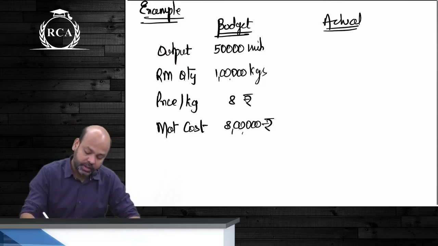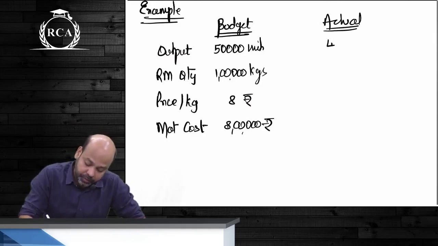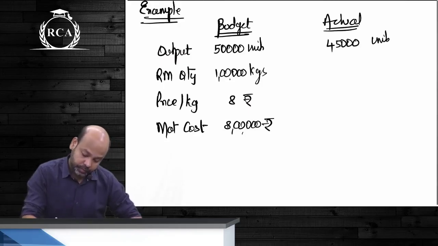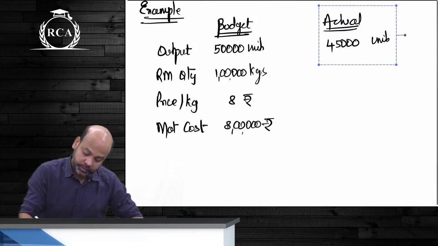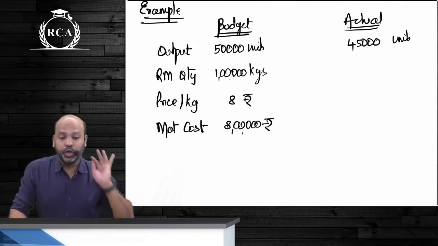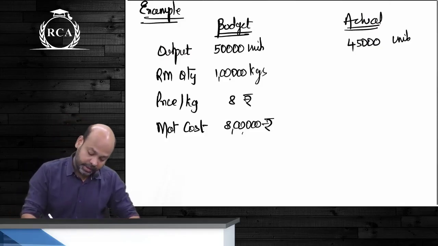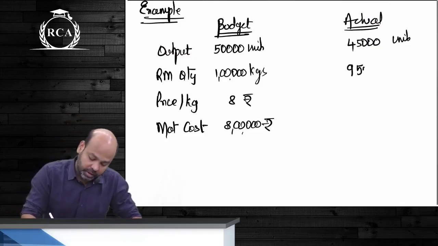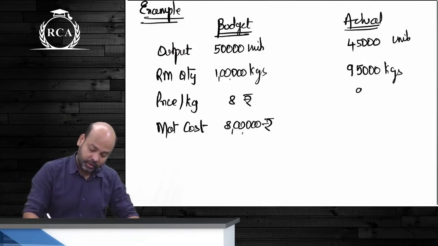Let's say, guys, that the actual output is 45,000 units. To produce 45,000 units, we ended up consuming 95,000 kgs of raw material. Each kg was purchased at 9 rupees.